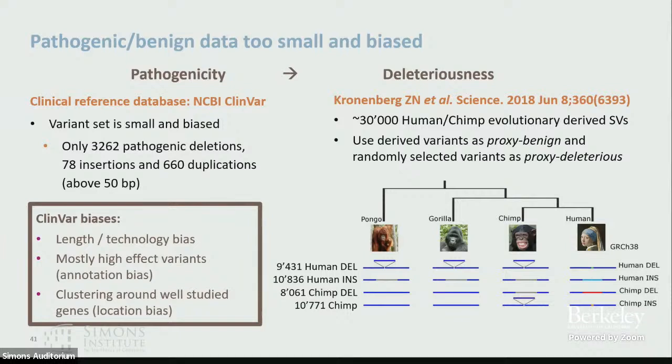So we're trying again to move to a similar system here, where we use the human-derived and the chimpanzee-derived variants this time to have a proxy benign data set, and we match that with randomly drawn regions of the same size from the genome.